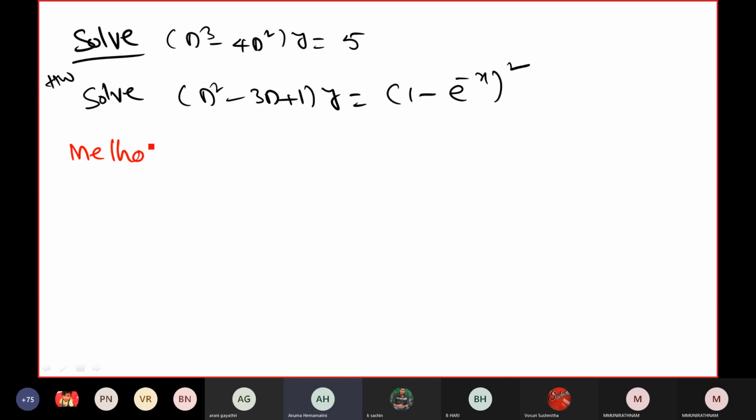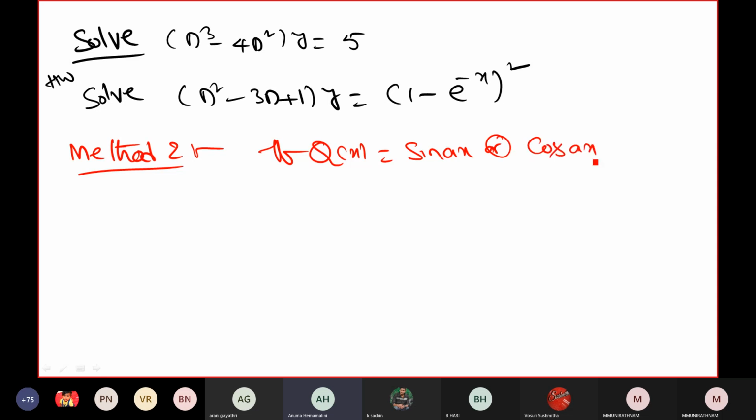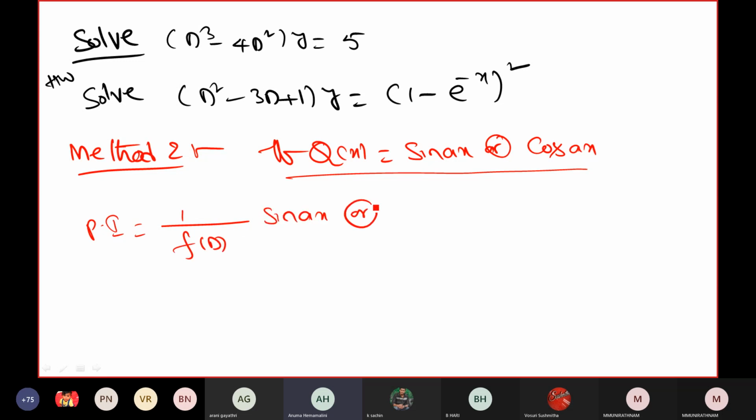Now we go for method 2. Method 2, if q of x is in the form of sin ax or cos ax, then pi is 1 by f of d into sin ax or cos ax. So here also put d square equal to minus a square.